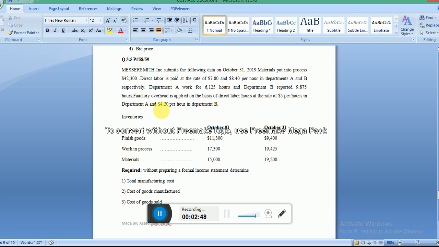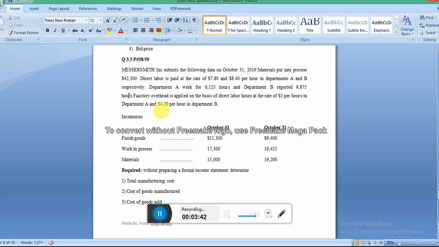Look at, when we calculate the factory overhead cost, it will be calculated on direct labor hours at the rate of $5 per hour in Department A and $4.20 per hour in Department B. So for the factory overhead, the per hour rate is $5, and it means that in 1 hour in Department A, factory overhead cost will be $5, and in Department B, factory overhead cost will be $4.20.